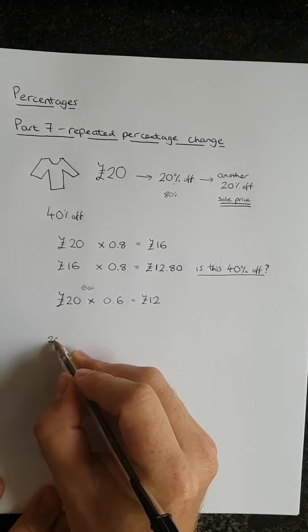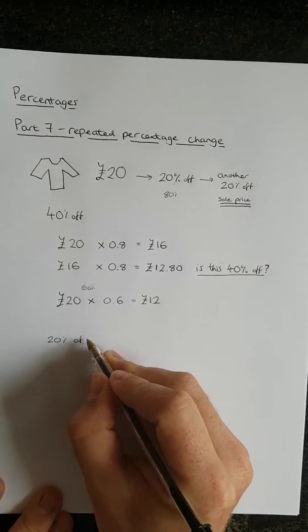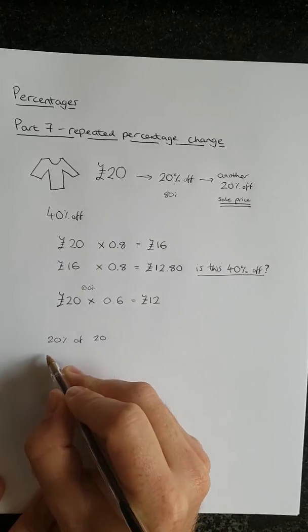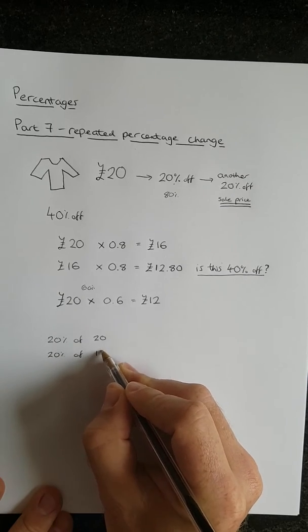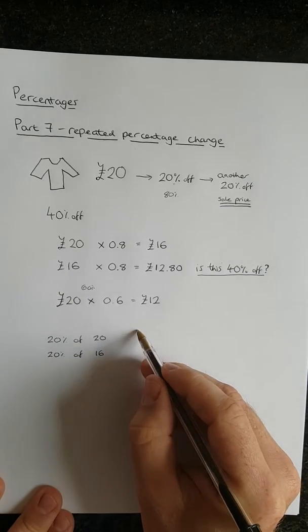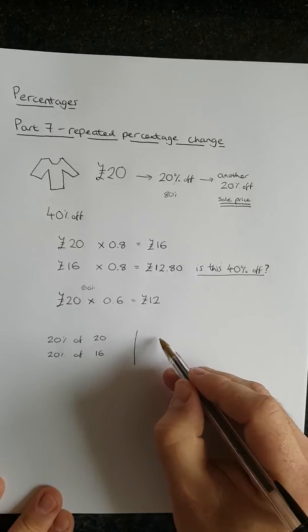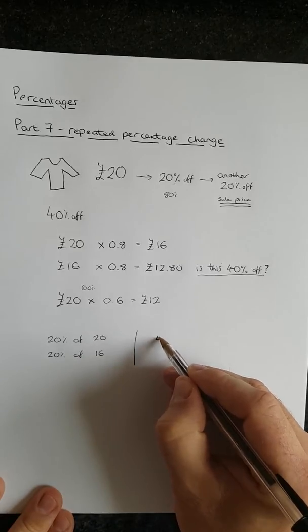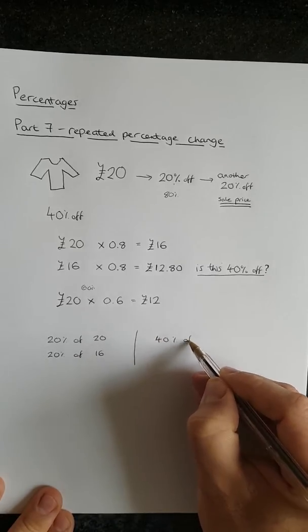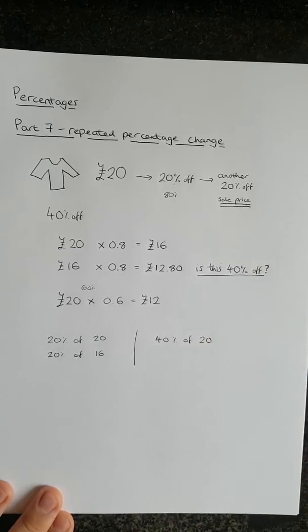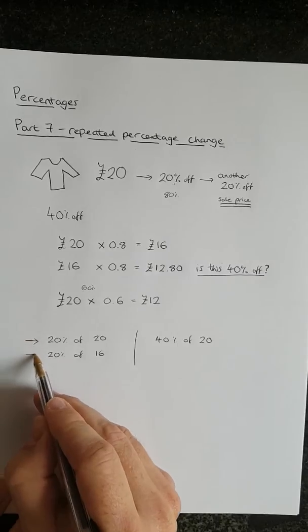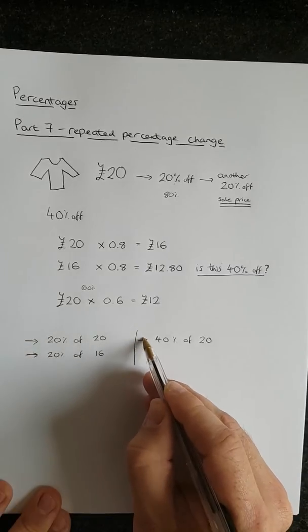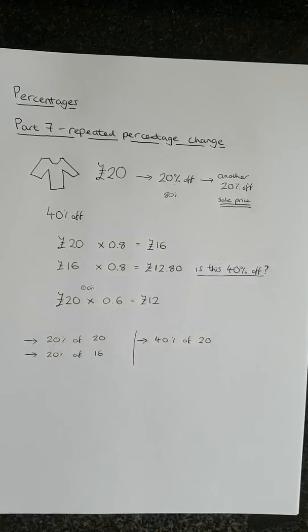I took 20% of 20 and 20% of 16, and on the other side I took 40% of 20. So this is my two-step calculation, and this is my attempt at a one-step calculation.